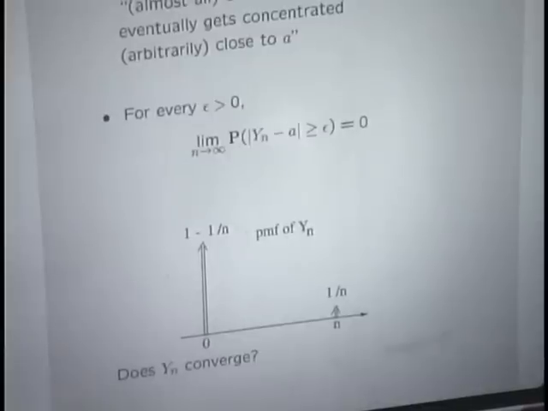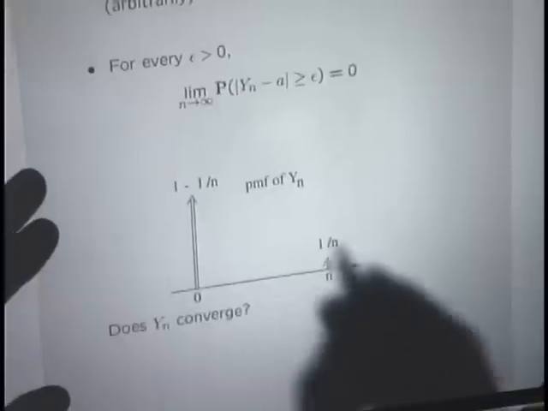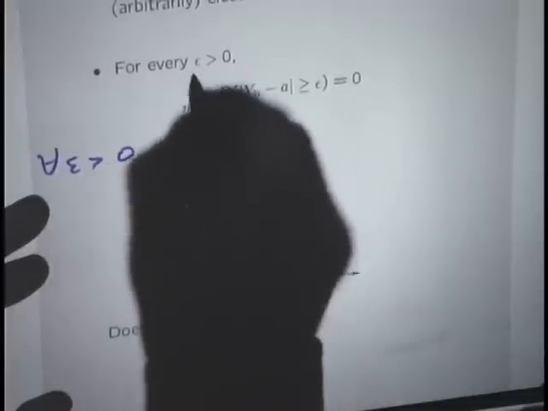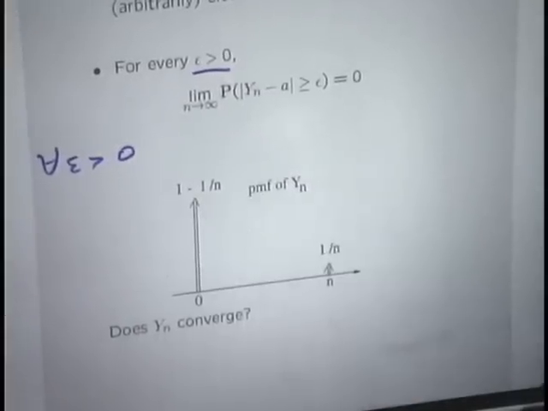If you were to translate this into a complete mathematical statement, you would have to write down the following messy thing. For every epsilon positive, the limit is 0. What does it mean that the limit of something is 0? We flip back to the previous slide. Why? Because a probability is a number.